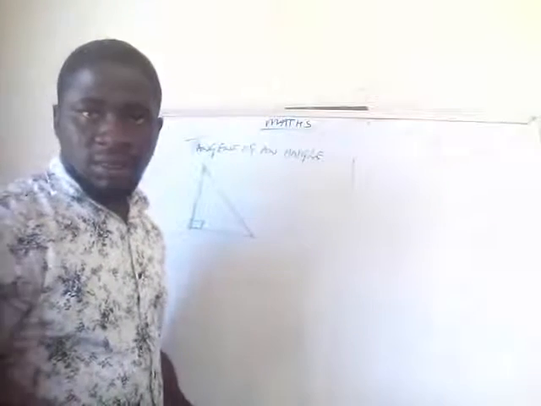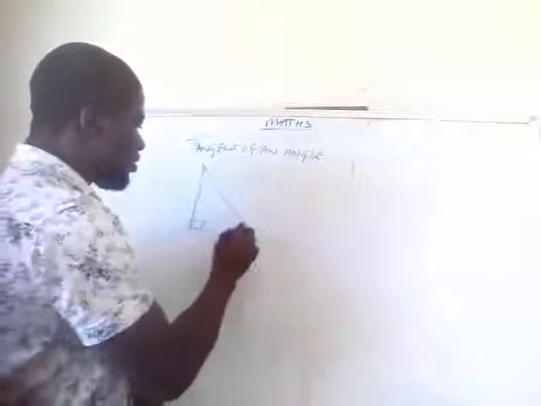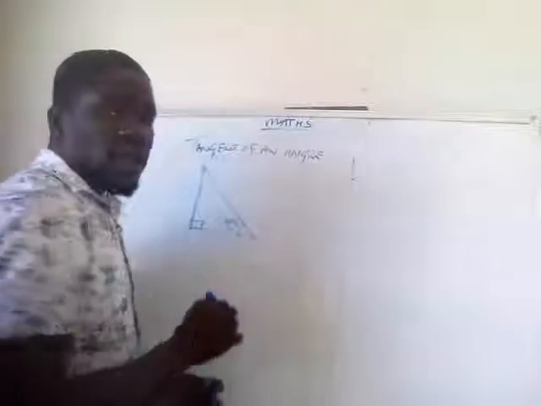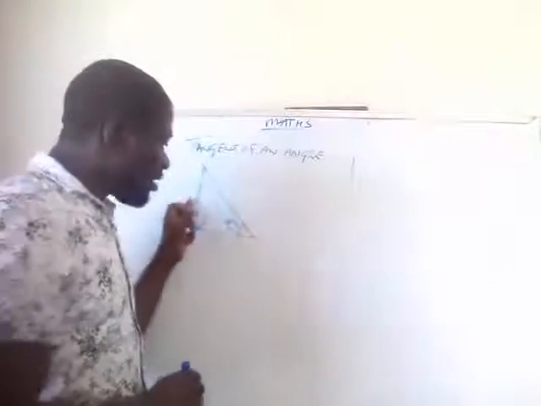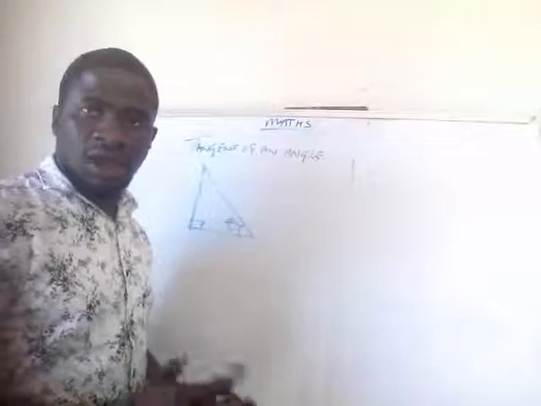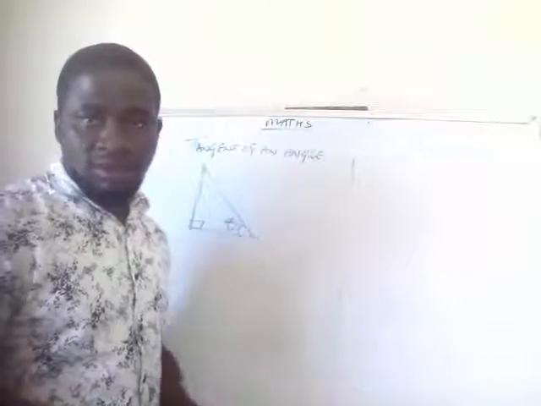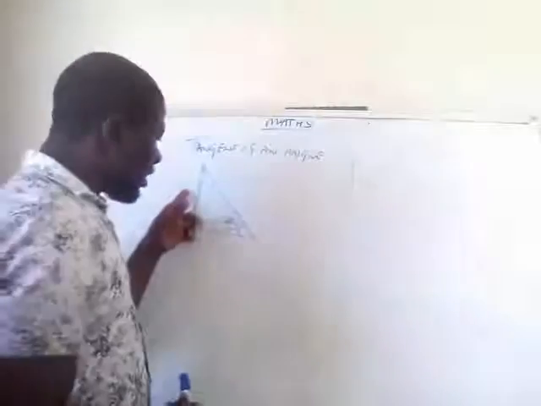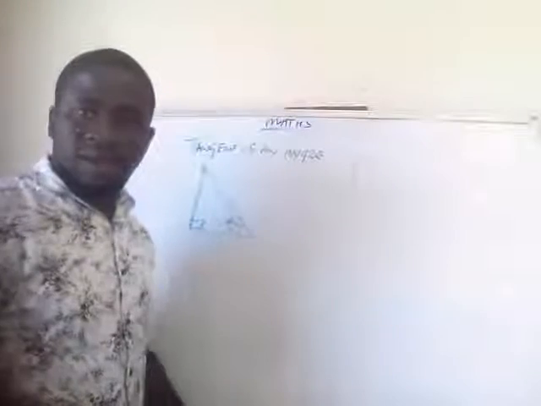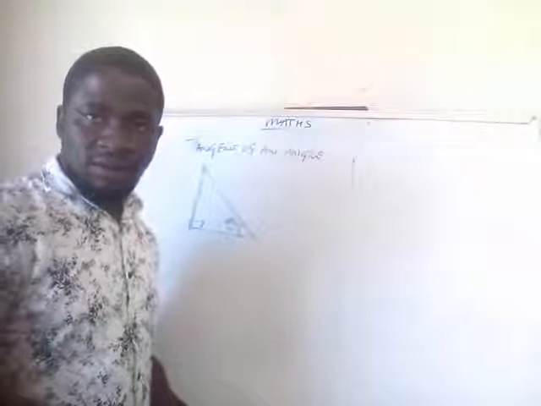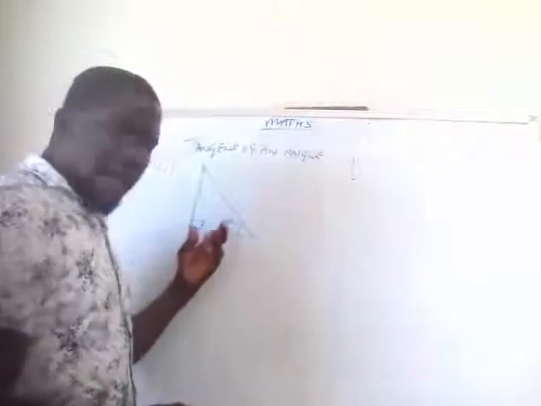opposite. But depending on where the angle is, if your angle is here, let's say theta, this side is opposite to this angle. This side is facing the angle. That's what they are saying, opposite. And the bottom now is the adjacent of this angle.